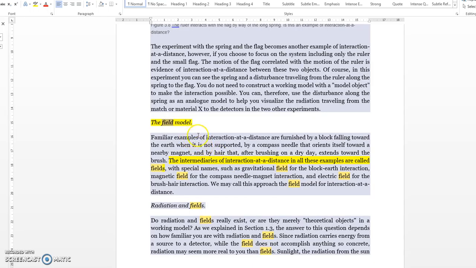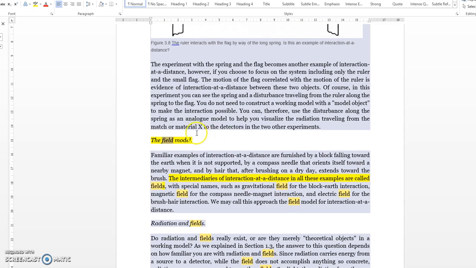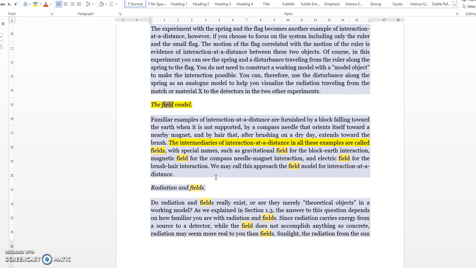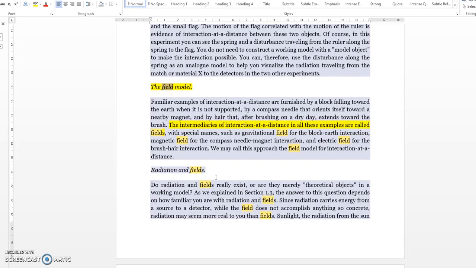But the way he's so careful in the way he introduces the concepts, and he gives so much insight into how to explain concepts such as a field and interaction at a distance. And it's something that I would be recommending that every person interested in modelling instruction should read. And even though it is a college text, I think it really would help teachers of lower levels, give them some ideas about how to introduce the concept of a field into their teaching.